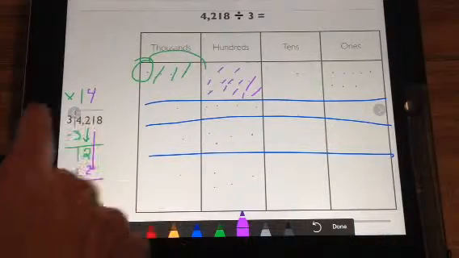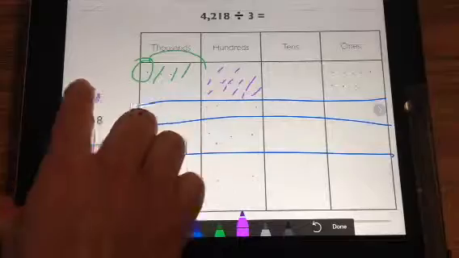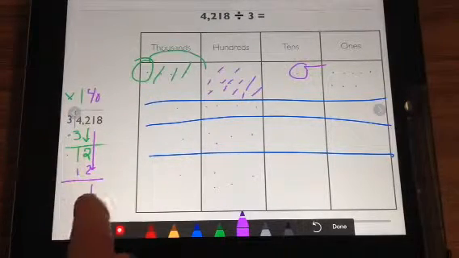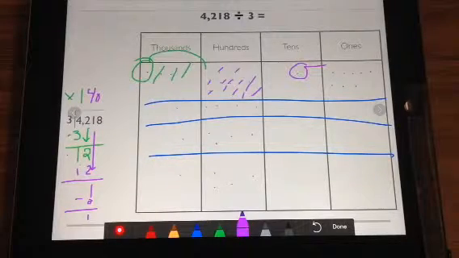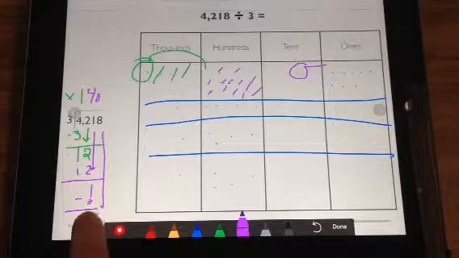So 1 ten goes into 3 groups? Never. But you have to put that 0 there. It must be there. Then of course we unbundle him. 0 times 3 is 0. Subtract. I still have 1.